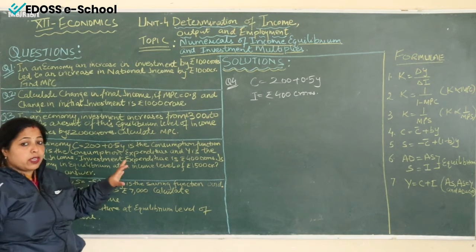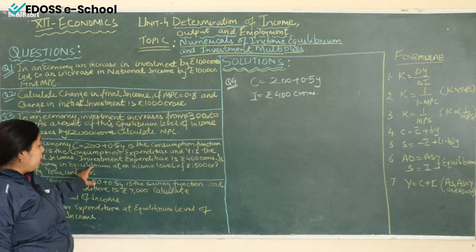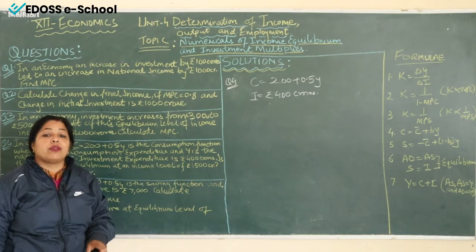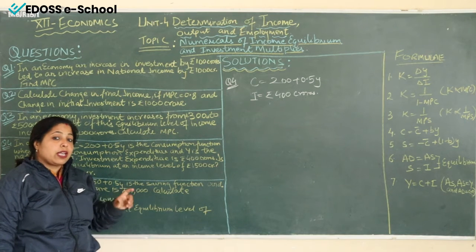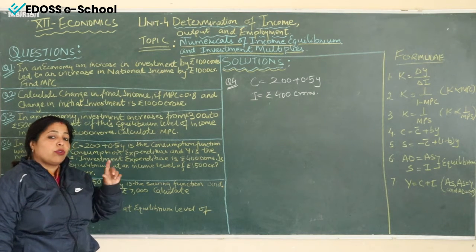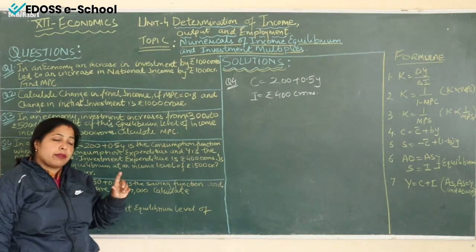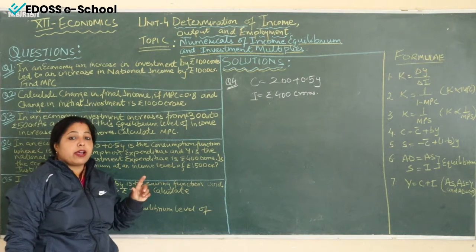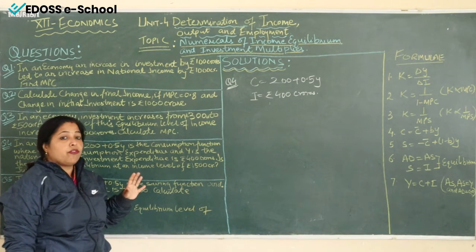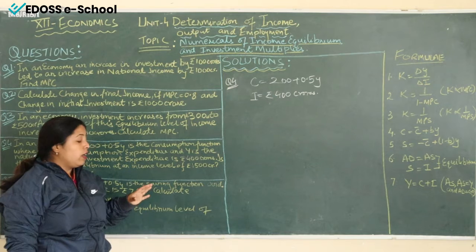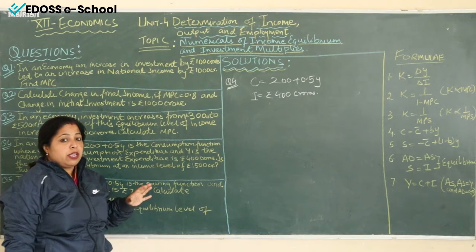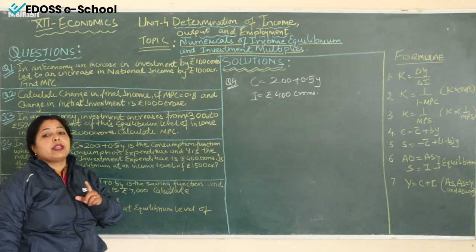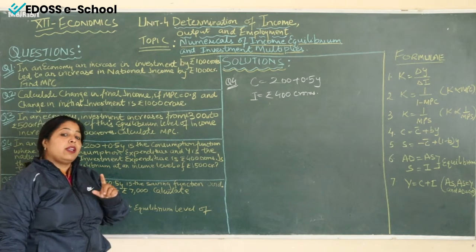So, let us read the question completely. Is the economy in equilibrium at an income level of 1500 crores? Means when income level is 1500 crores, so economy is in equilibrium or not. It means we have to find out the value of y. When we will calculate the value of y, we have to check the answer. If our answer matches this, then the economy will be in equilibrium, otherwise our economy will not be in equilibrium.